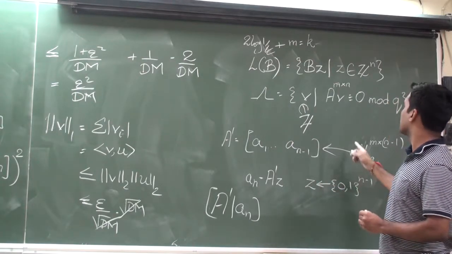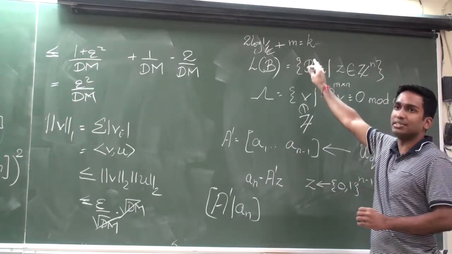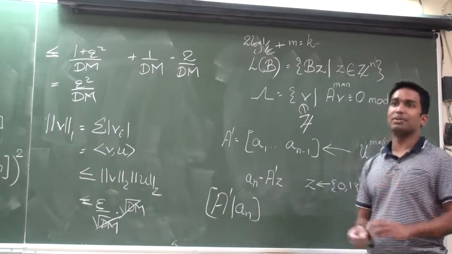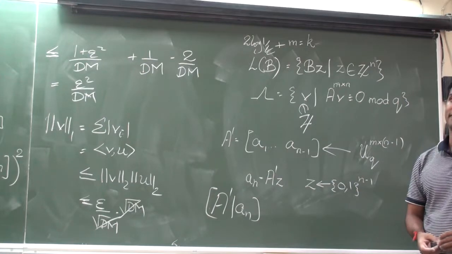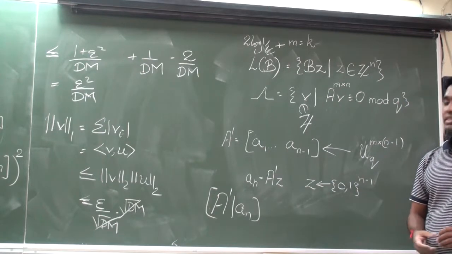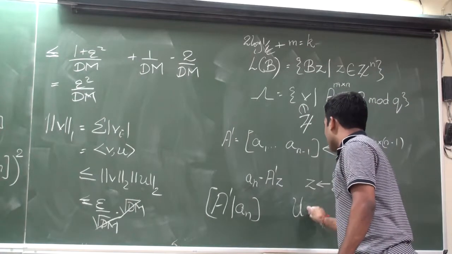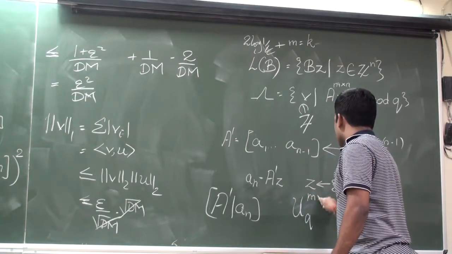If your n minus 1 satisfies this condition, then your last vector will also look almost random. So an adversary can't distinguish this matrix from a uniformly random matrix in Z_q raised to n cross m.